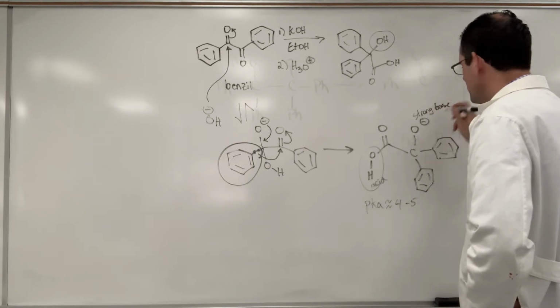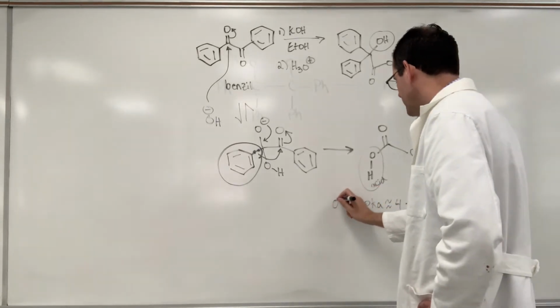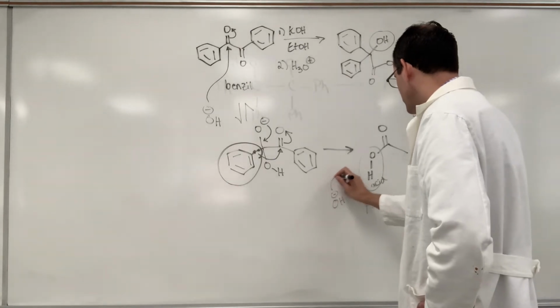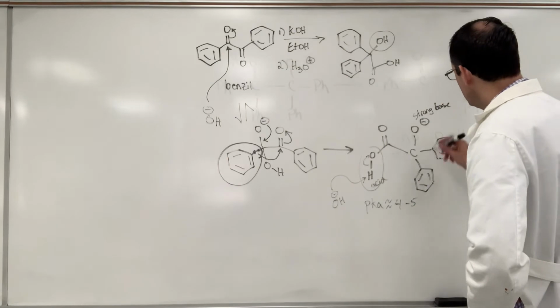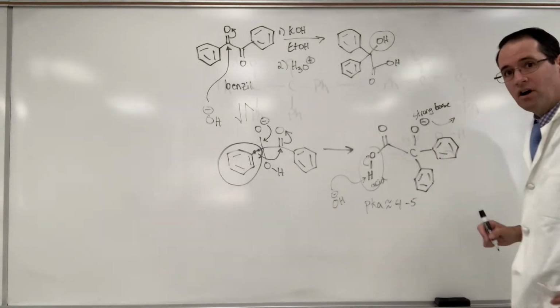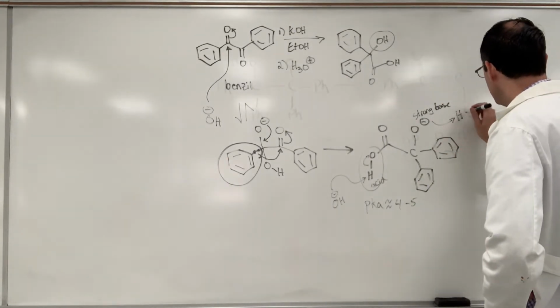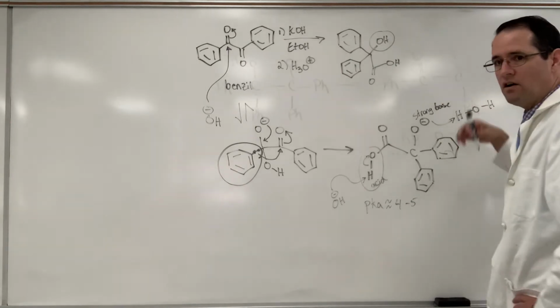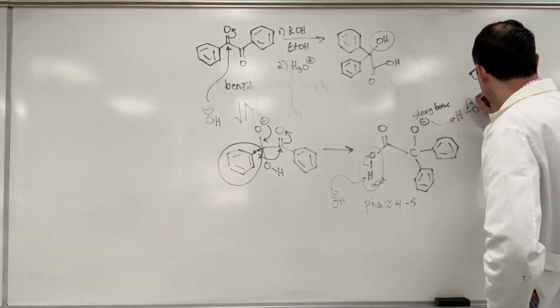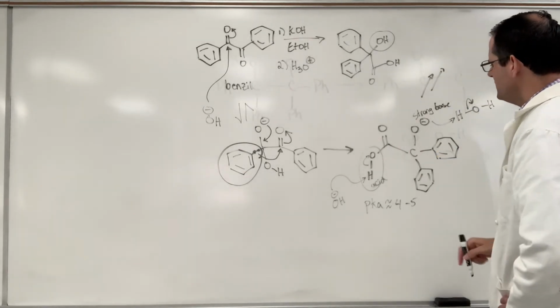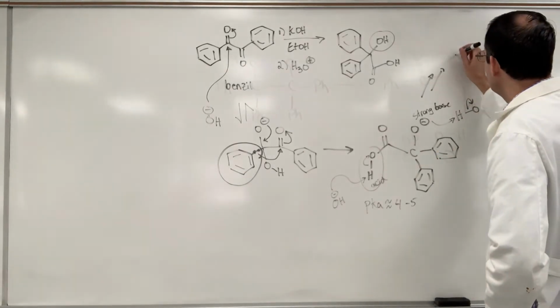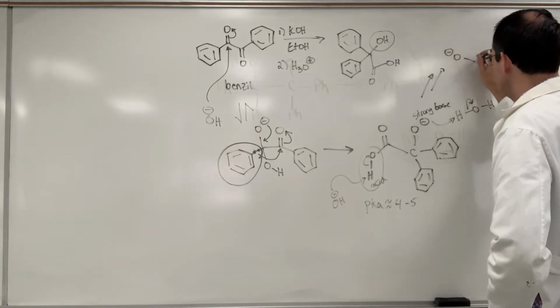So what we do in water is there's plenty of hydroxide around. This is going to deprotonate the acid, and the alkoxide is going to become protonated with ethanol or water or whatever is present to give us, after these two steps on either side of the molecule, a carboxylate.